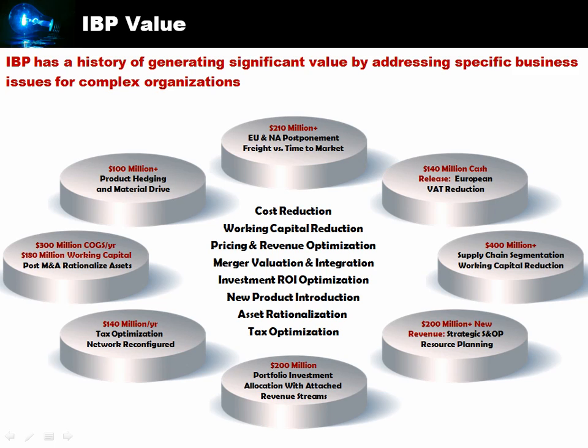First, what's common to each example is that they all involve complex issues affecting multiple functions, business units, and legal entities. Second, the ROI on each of these projects all range between 30 to 50 times investment cost. And third, the results were achieved in less than 6 months with little IT involvement. The opportunity now is for organizations to build on these results by incorporating these tools into their management processes.